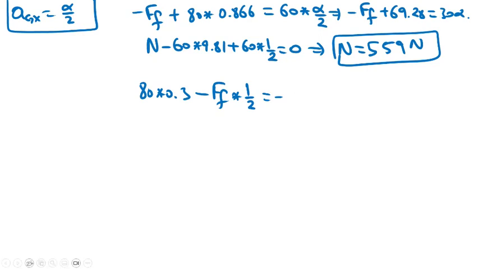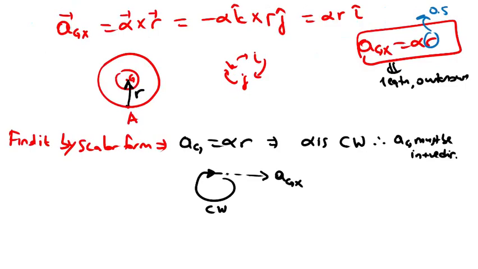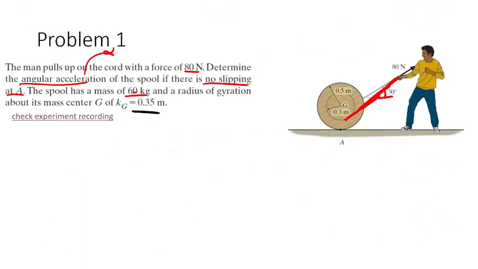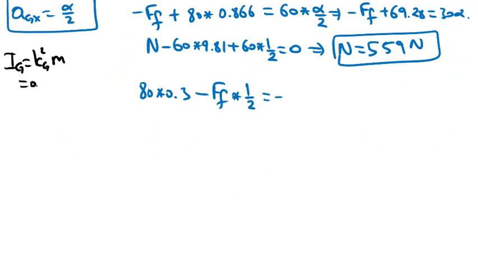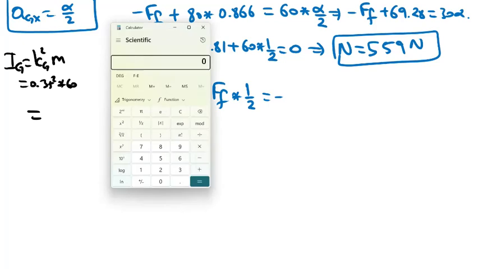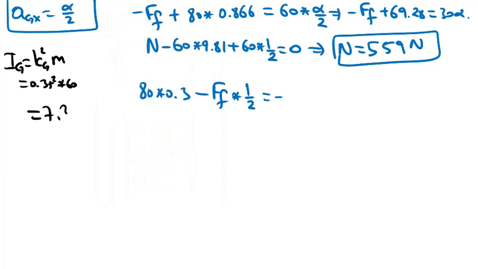I_G is k_G squared into the mass. k_G is the radius of gyration, given as 0.35, and the mass is also given as 60 kg. That will be 0.35 squared times 60 kg, which is 60 times 0.35 times 0.35, that is 7.35 kilograms meter squared. Then we will have the right side as negative 7.35 into alpha.